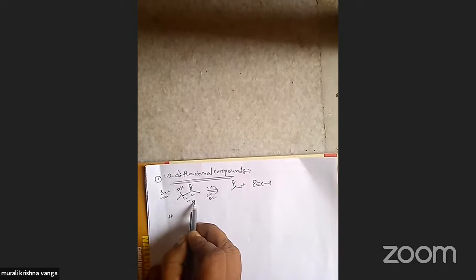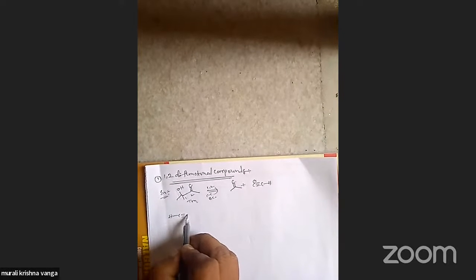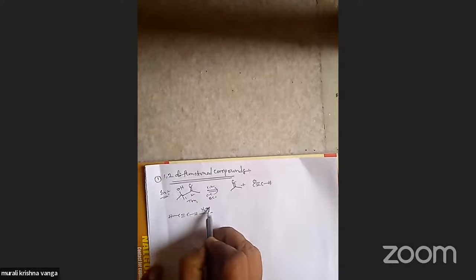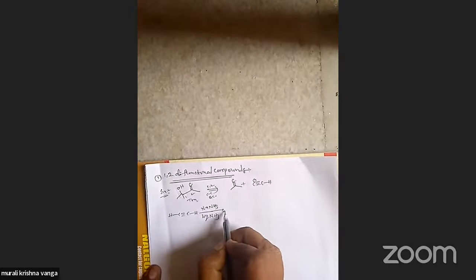The synthesis of this compound is: when acetylene reacts with sodamide in liquid ammonia, the base abstracts the proton from the acetylene triple bond carbon.